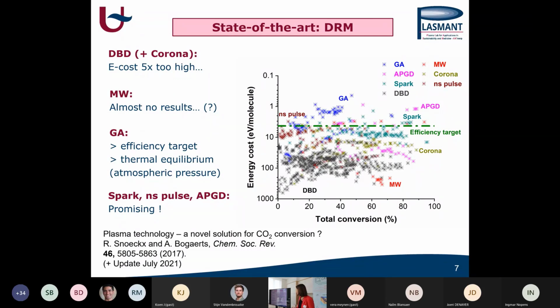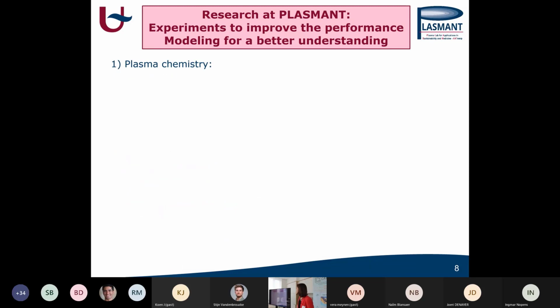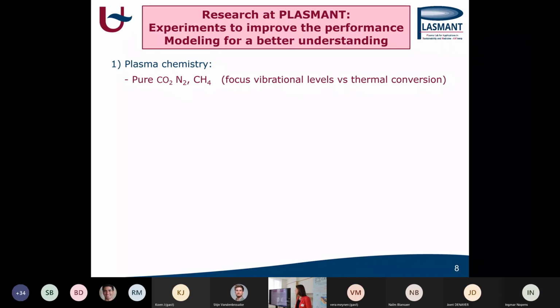Then, what type of research do we do in our group on CCU? We do experiments to improve the performance and also modeling to get a better understanding. On one hand, this includes the plasma chemistry, for CO2, nitrogen, and methane.